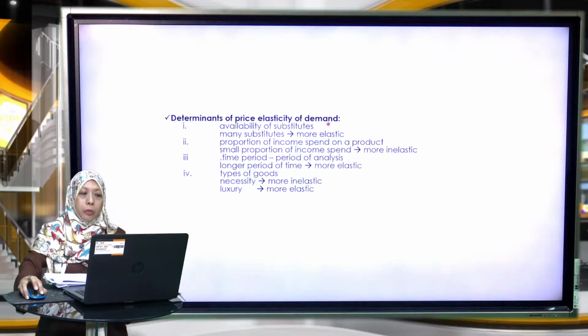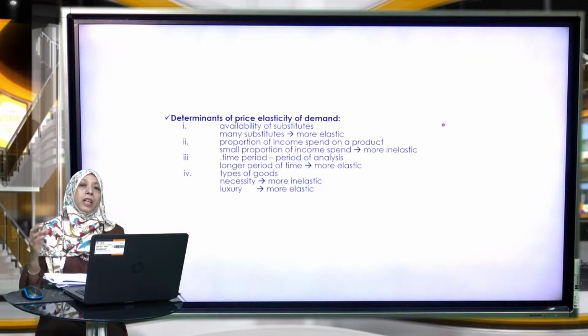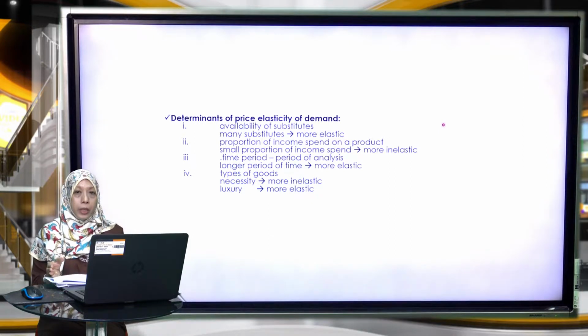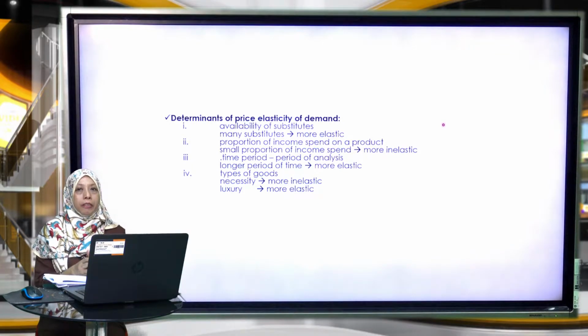The first one would be in terms of availability of substitutes. If there are many substitutes for a product in the market, you're going to see that demand tends to be very elastic. Take for example, detergent.